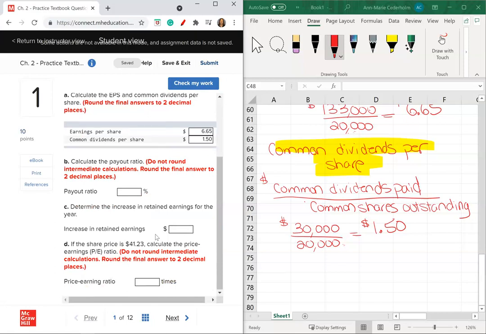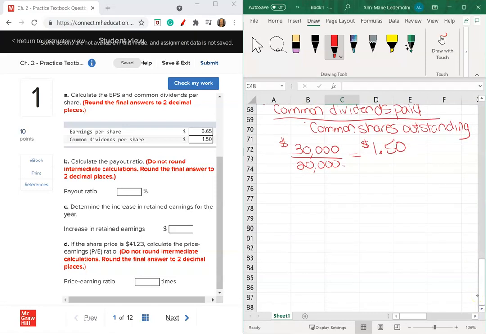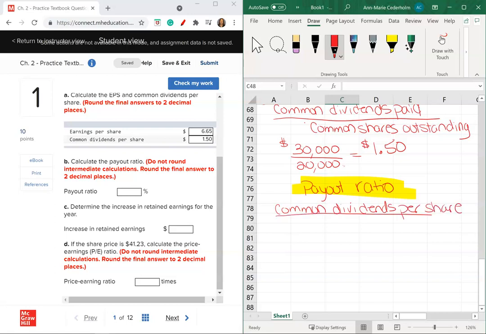Now that we have those two numbers, we can go ahead and calculate our payout ratio. Just remember, the payout ratio formula is our common dividends per share, the one we just found, divided by our earnings per share.